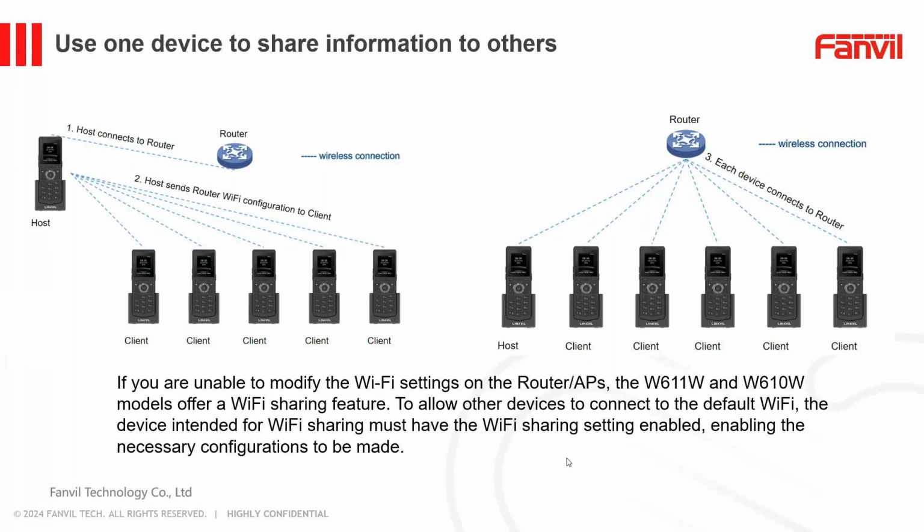So the first thing is to connect the host to your router SSID and password, then use the Wi-Fi sharing feature to share the information of your Wi-Fi to the other clients. Once the client gets the information from the host, it can connect to the router automatically, and then you can provision your device and perform other configuration or settings.